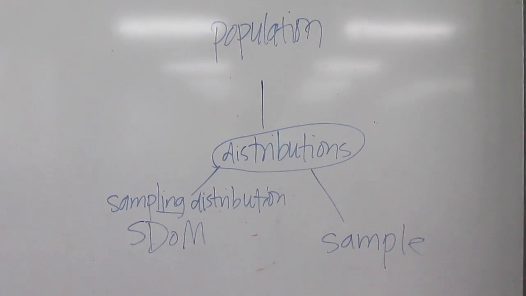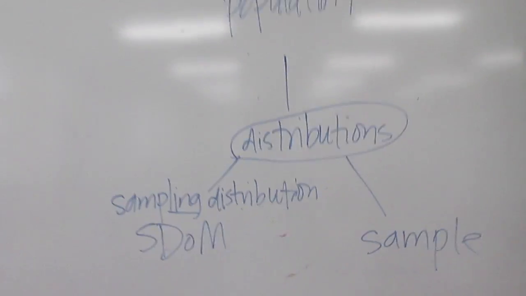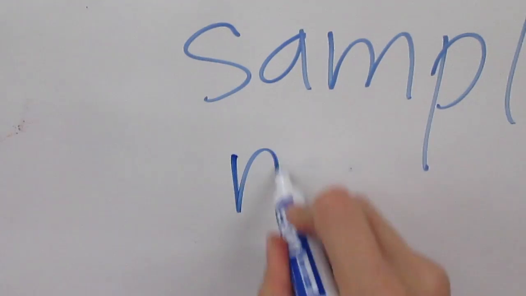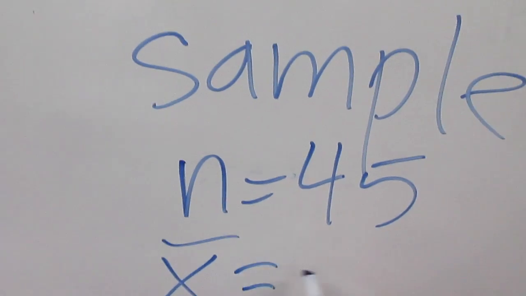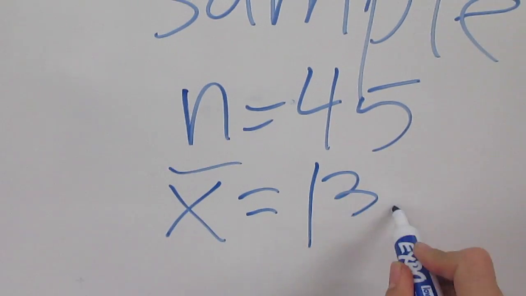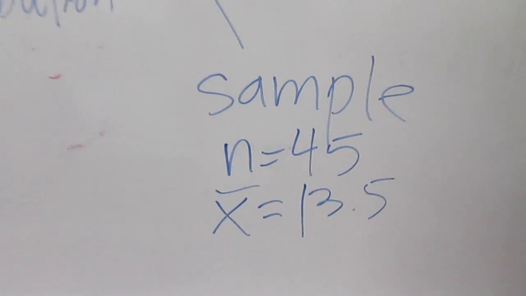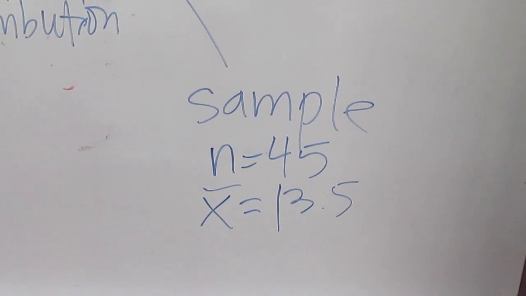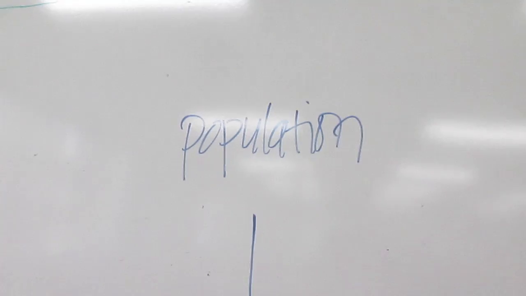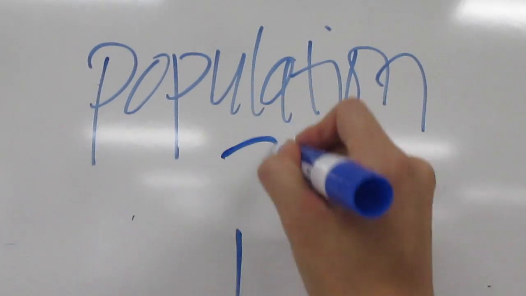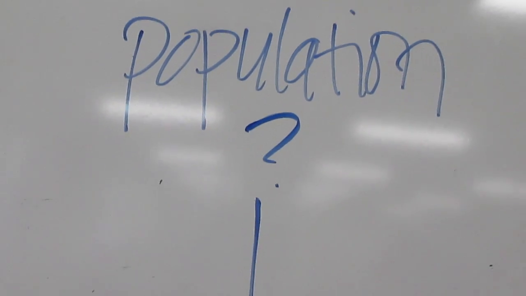And really, we want to know, we have this sample of n equals 45, and the mean download time was 13.5. And we're saying, well, what's the population that the sample came from? That's what we really want to know. What's the population? Right now we don't really know.